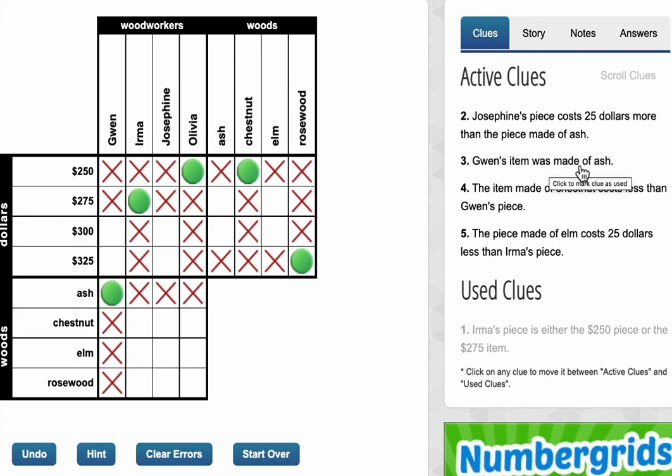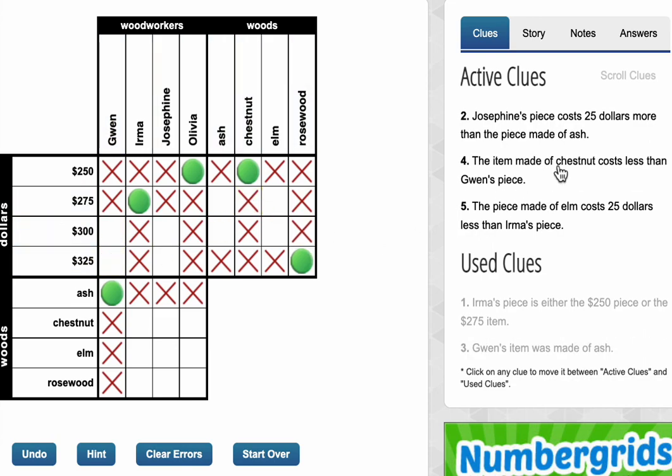No help there. Well, Gwen's item can only be this. So no help there, so I get rid of that. The piece made of elm costs less than Irma's piece.